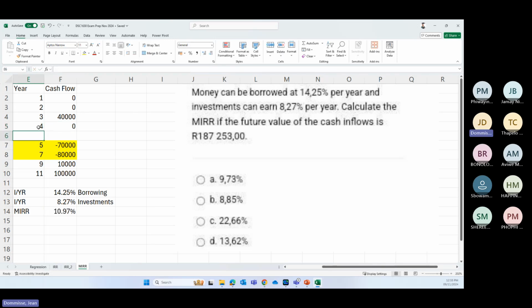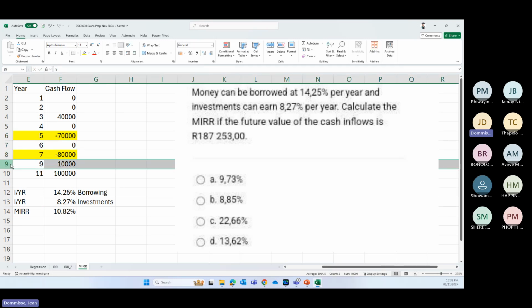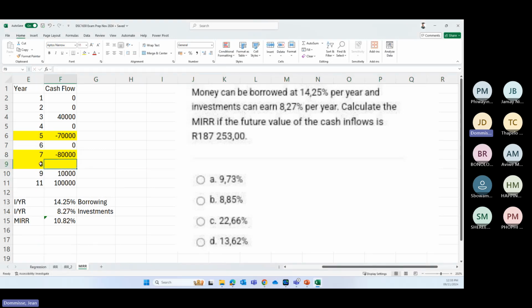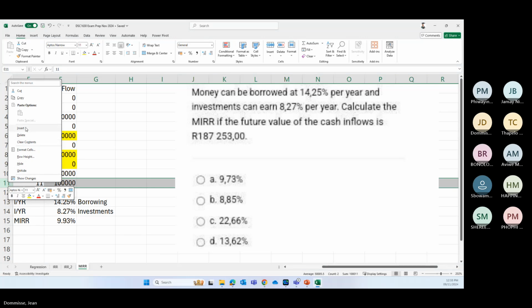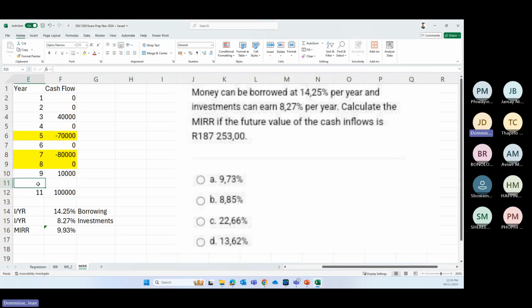So just remember, Excel is clever, but not that clever to pick up any of the other years. And let's hope now by putting in this last one, we get an answer.